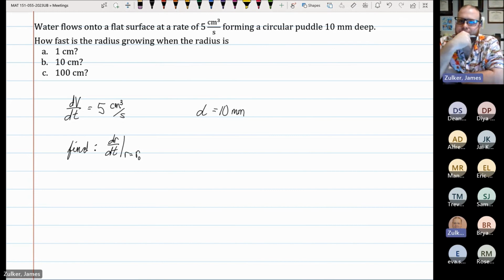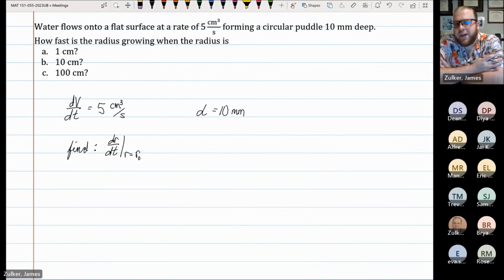Well, we have a problem right off the bat. Who sees what the issue is? Is it the units of measurement?